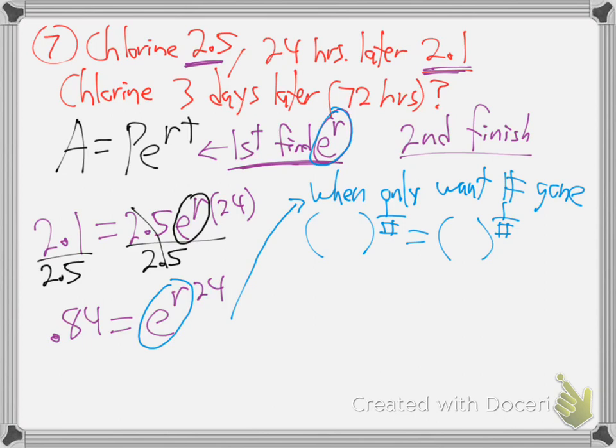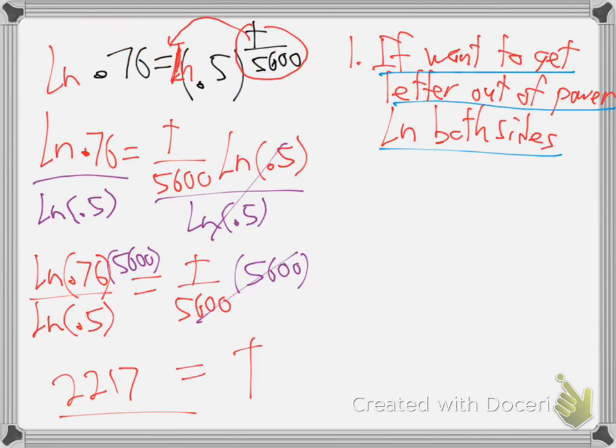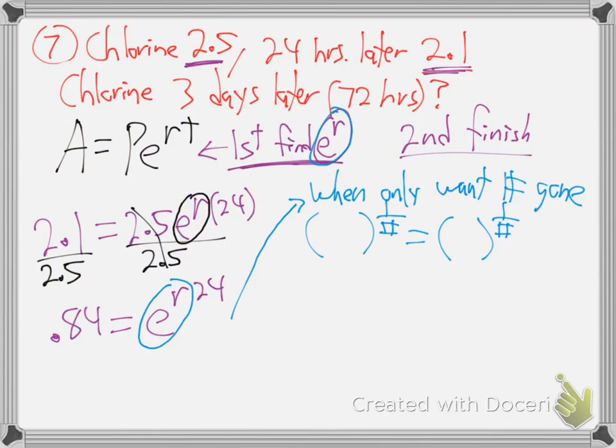Everybody see the difference? Back in the last problem, I had a t up there in the power, and I wanted that whole thing down because I'm trying to solve for t. So I ln'd, because ln, natural log, brings the whole power down. But on this one, I want the r to stay up there in the power. I want e to the r. That's kind of a weird thing and why I'm calling your attention to it.